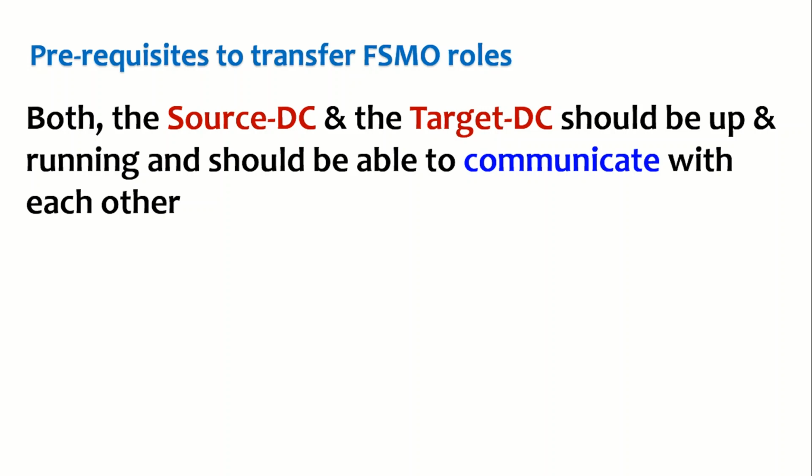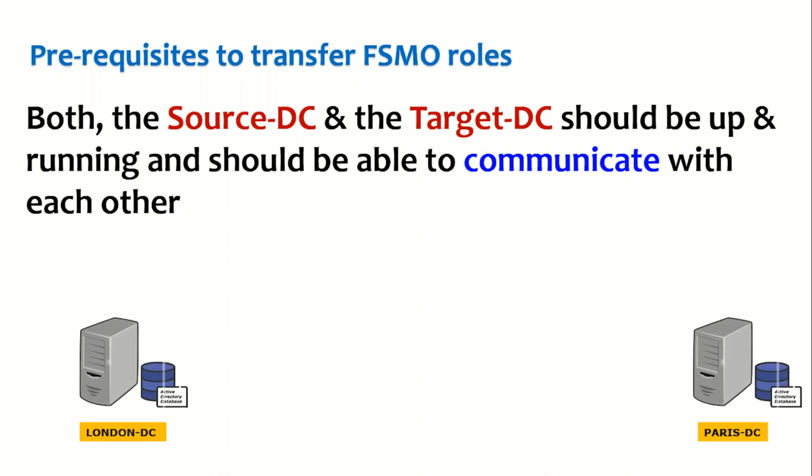So let's take an example. Let's say we have two domain controllers, London DC and Paris DC, and London DC is our RID master. Now we need to transfer this RID master from London DC to Paris DC. So the first prerequisite is source and target.